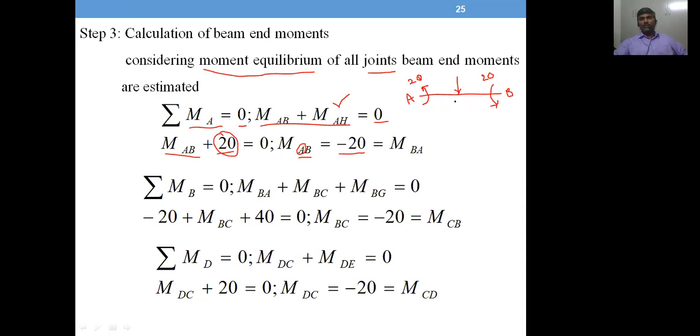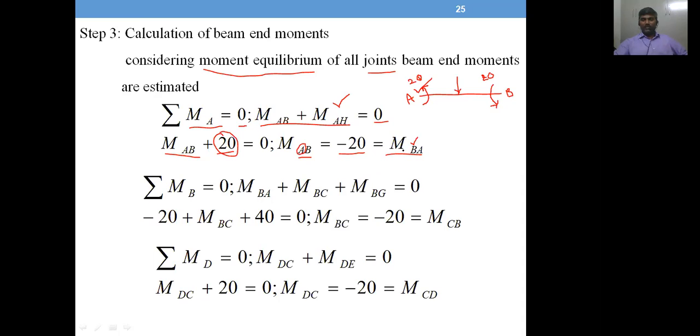If you have some load acting on AB, then the moment will change. So no gravity loads are acting on AB. Hence, whatever the location, the same moment carries over. That is why it is written for B also with the same value and same nature.